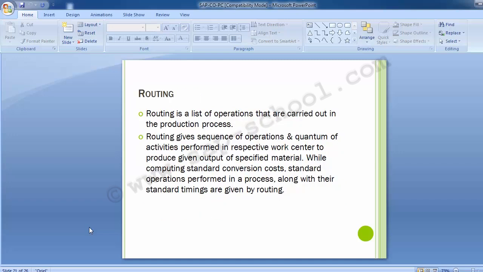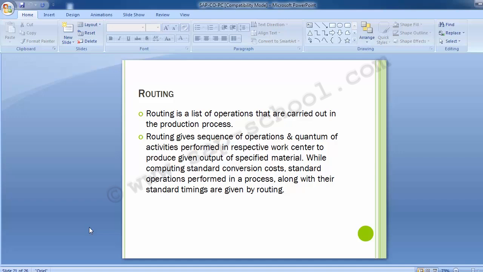Moving to the next master data, which is routing. Routing is a list of operations that are carried out in the production process. Routing gives the sequence of operations and quantum of activities performed in the respective cost center to produce a given output of a specified material.